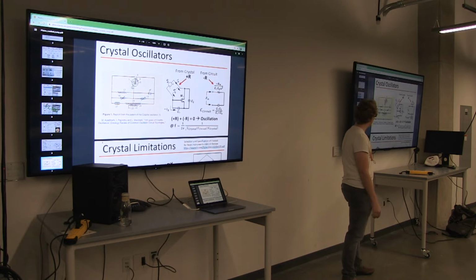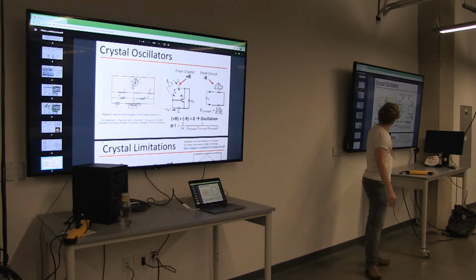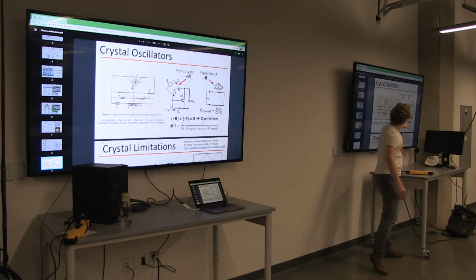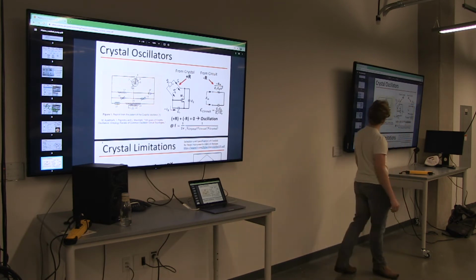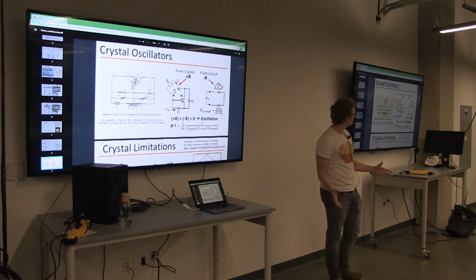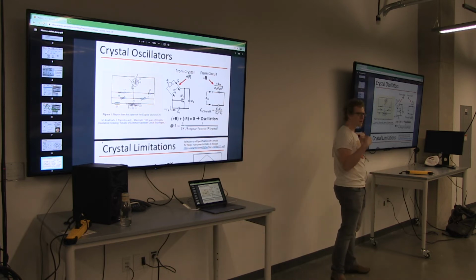And the idea is that you have this LC network with this electrical circuit. And this electrical circuit can be equivalent to this negative resistor and this capacitance. And so if you put that in series with your crystal, you're able to cancel the R we saw on the previous slide.